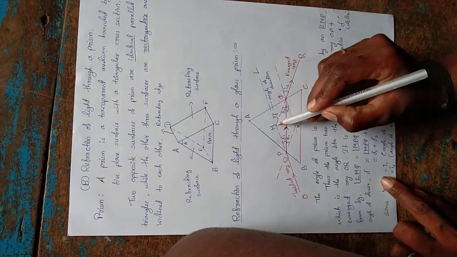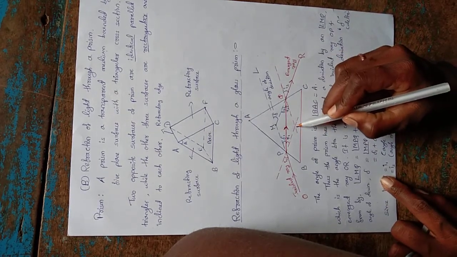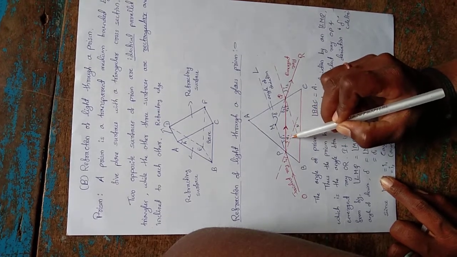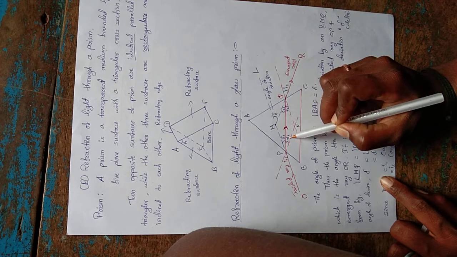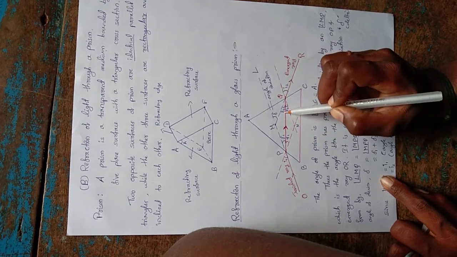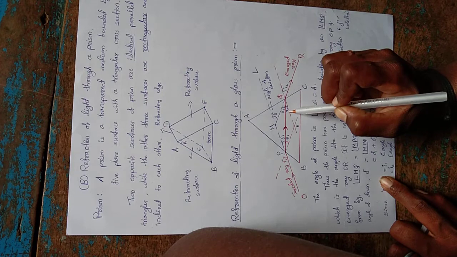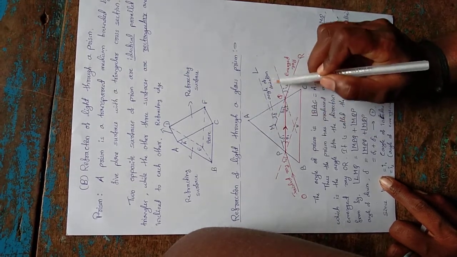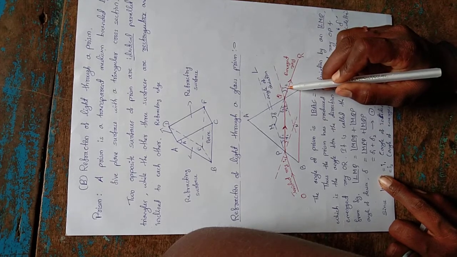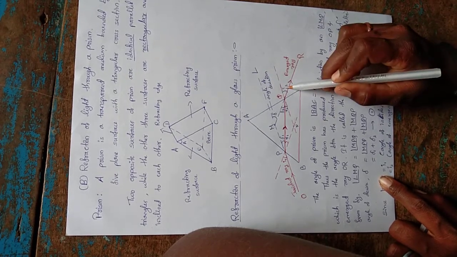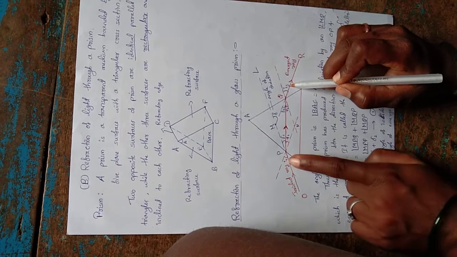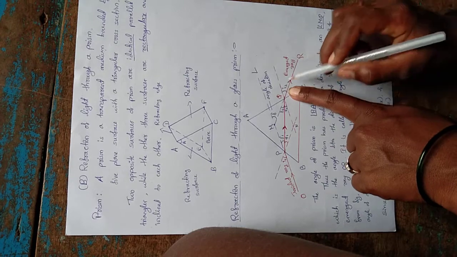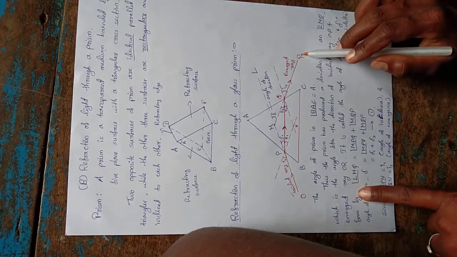So this is the M point and here is the N point. Angle of deviation is delta 1 and angle of refraction is R1. Angle of deviation delta 2, R2. This is also the angle of refraction. And here the emerged light ray has angle I2. I1 is the first angle of incidence, I2 is the angle of incidence for the emergent ray QR.